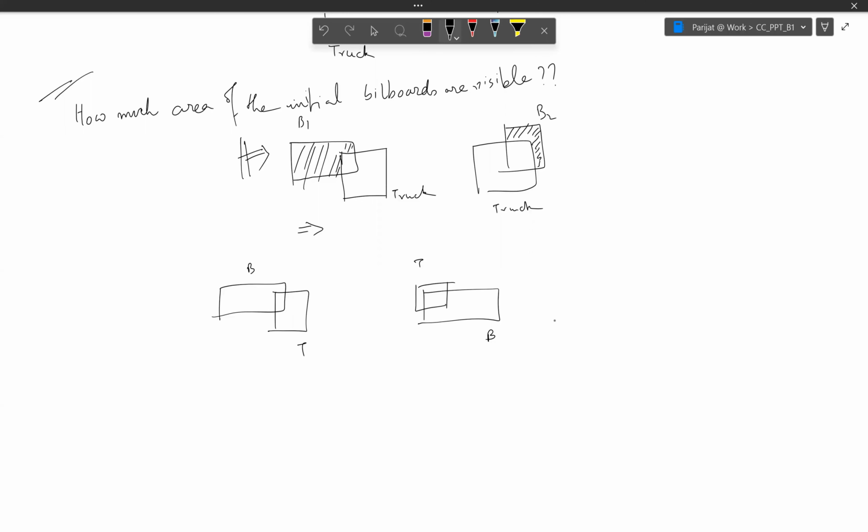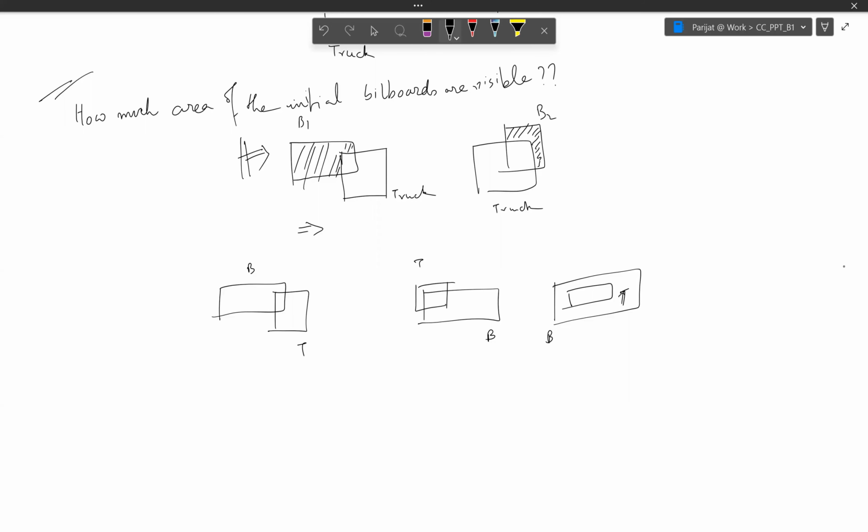All different combinations can be there. So it's very difficult to actually get an understanding of whether two rectangles are intersecting or not. And if you have to find the area which is not intersecting, that is even more difficult.